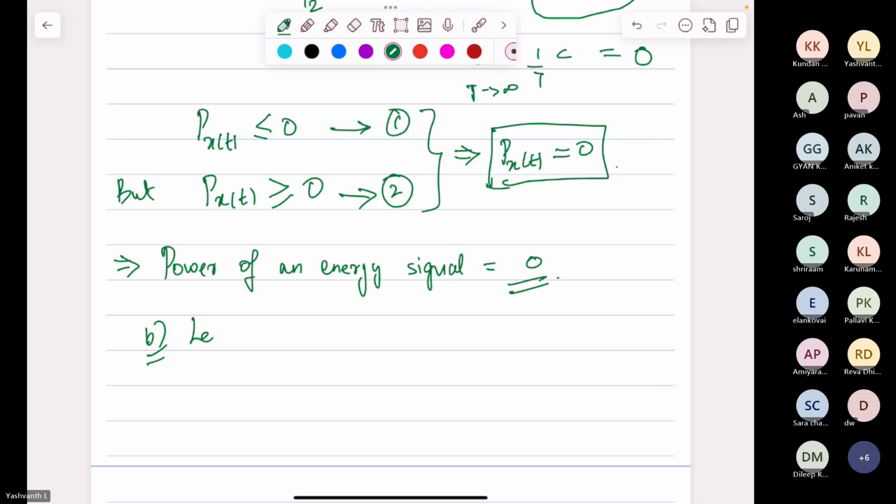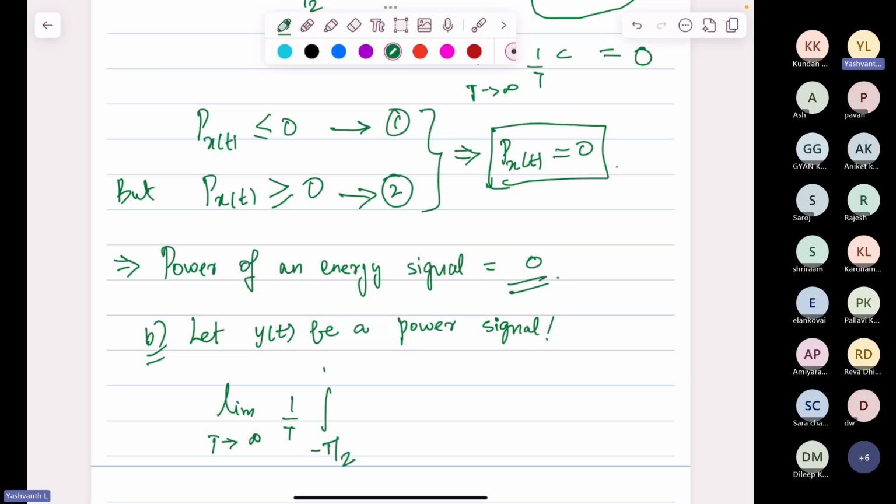Let y of t be a power signal. Okay, what does it mean? The limit as t tends to infinity of 1 by t times the integral from minus t by 2 to plus t by 2 of mod x of t square dt is equal to some number d. It's a finite number.